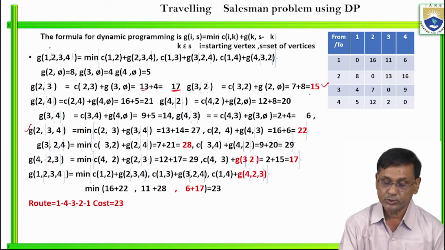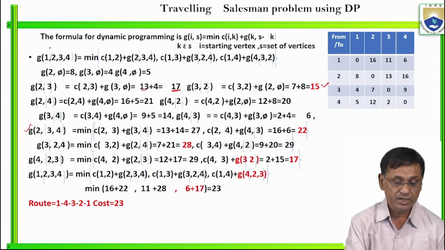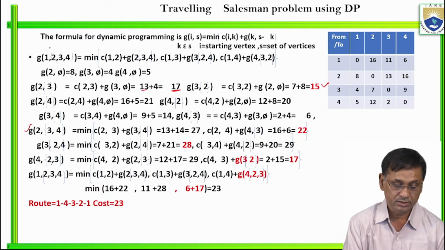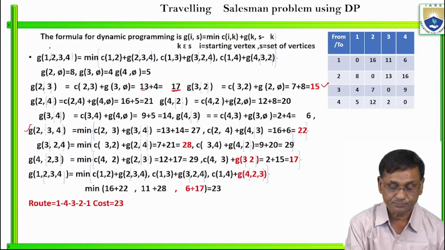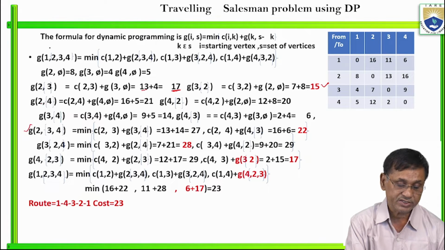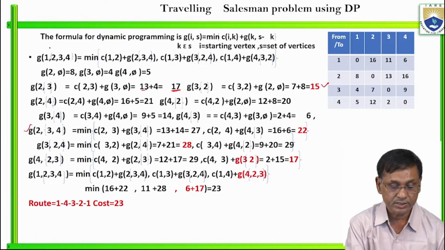So first we calculated 2 to 3 and 3 to 2. Similarly, we have to calculate 2 to 4 because these are required for calculating G of 4 comma {2, 3} or G of 1 comma {2, 3, 4}. Next, the cost of going from starting vertex 2 to the remaining set of vertices {4} is equal to C of 2 to 4 plus cost of going from 4 to 1.